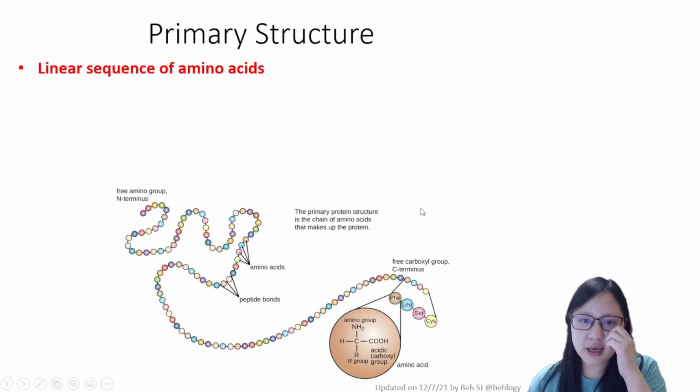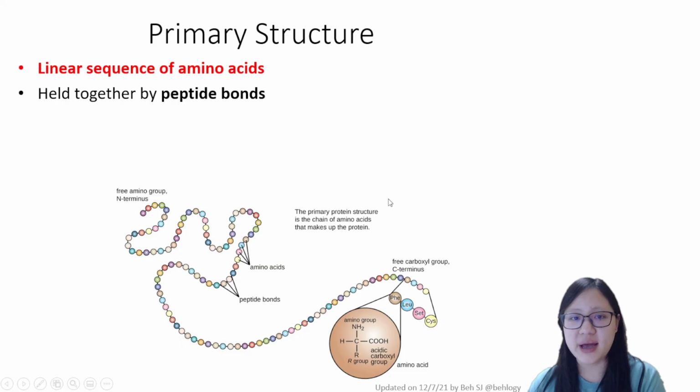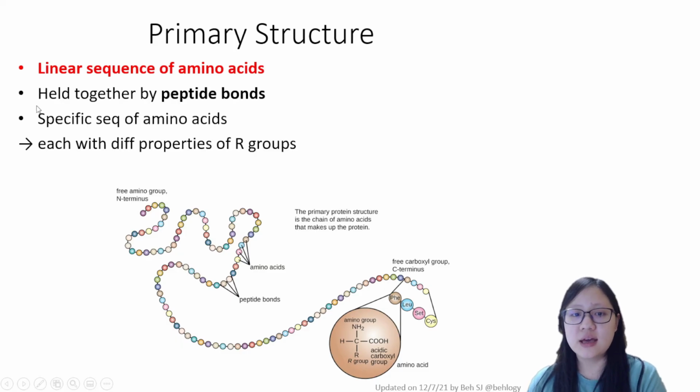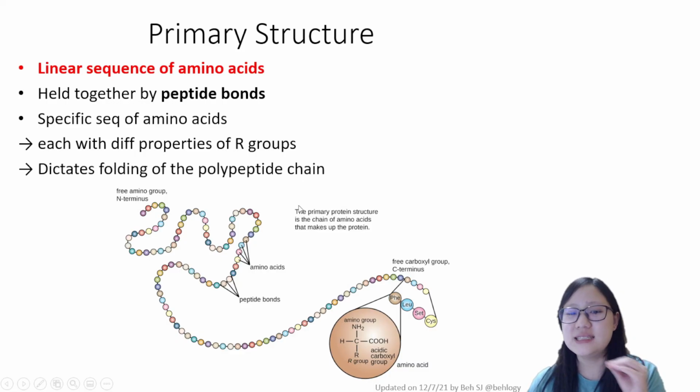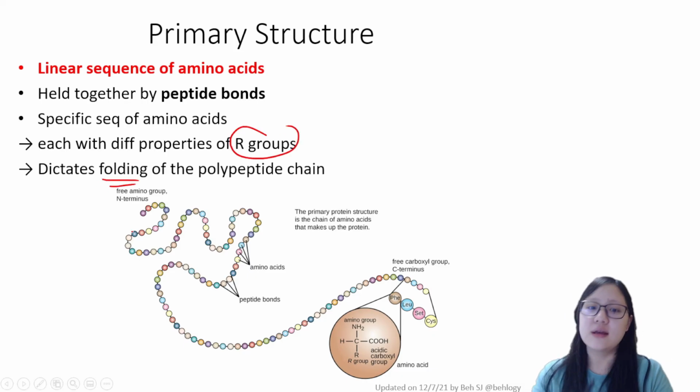But again, let's go through each and every level, and we're going to define them. Primary structure is a linear sequence of amino acids, a specific sequence of amino acids with different properties of R group. This determines the folding of the polypeptide chain later on. These different R group interactions will determine how it folds later.